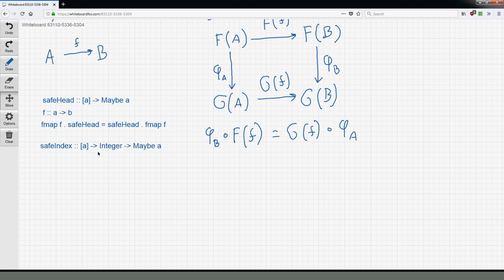So that is a functor. The composition of functors is a functor because it's a category, right? So it has to obey composition. So this is, in fact, another natural transformation. So that's good.